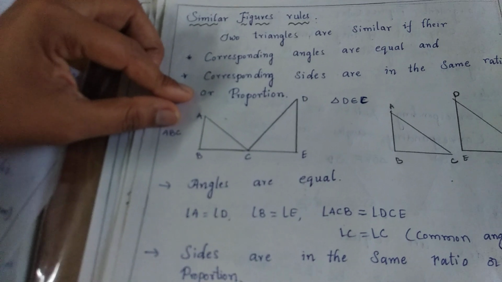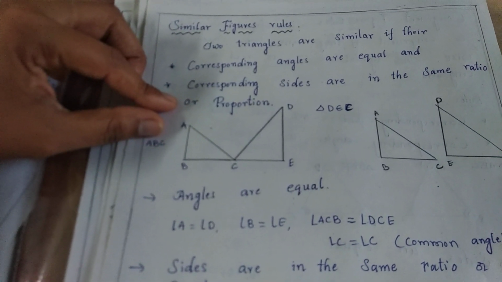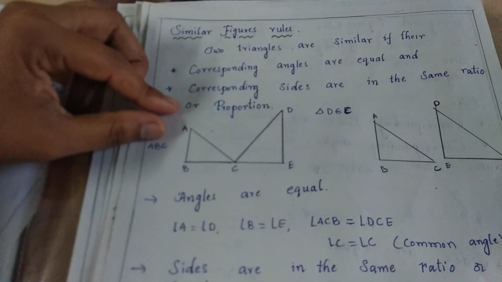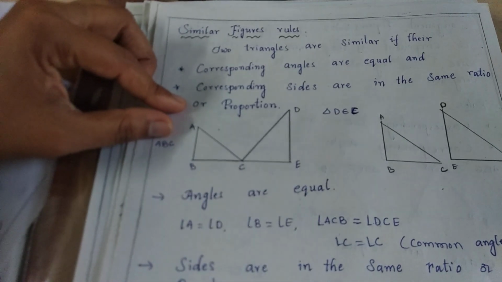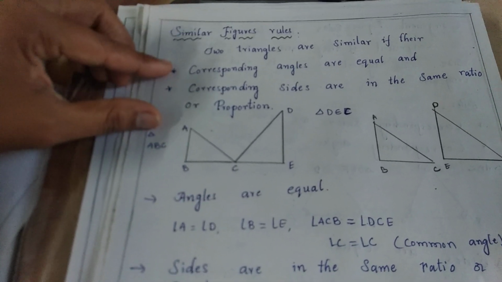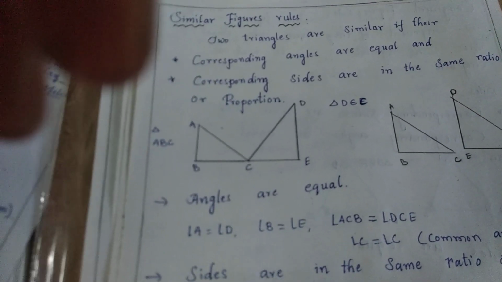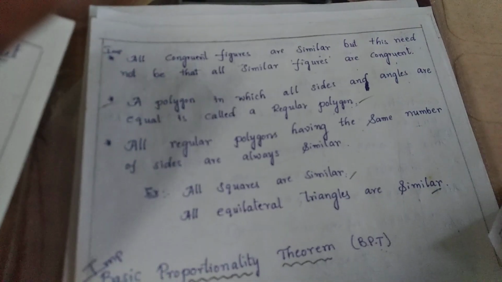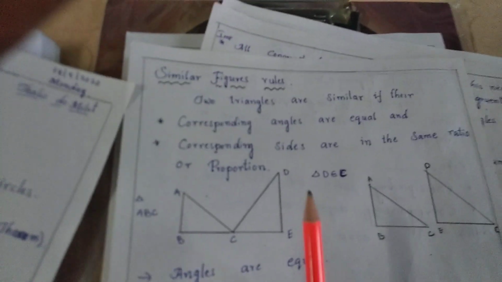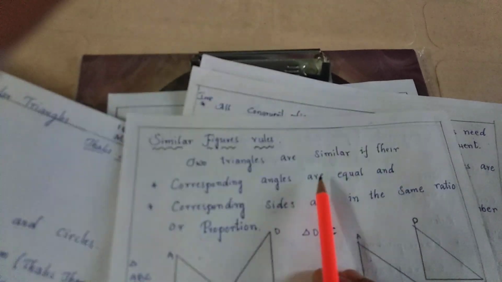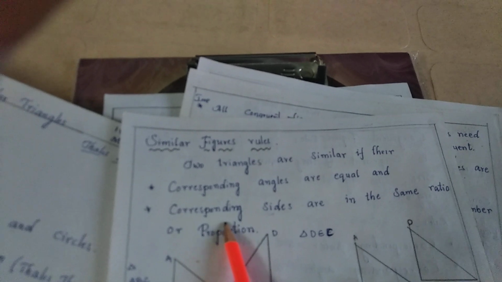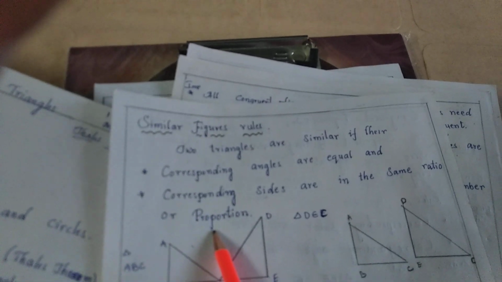Listen to me. Two triangles being similar means only the shape is the same, the sizes are different. Corresponding angles are equal and corresponding sides are in the same ratio or proportion. Okay, children.